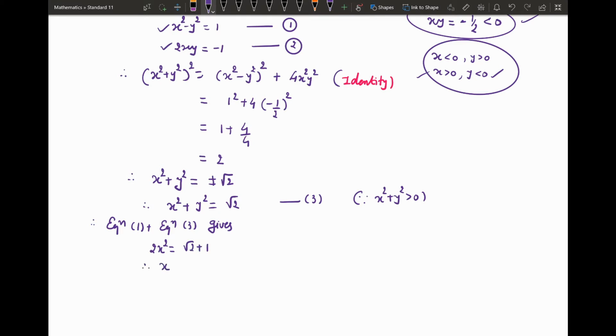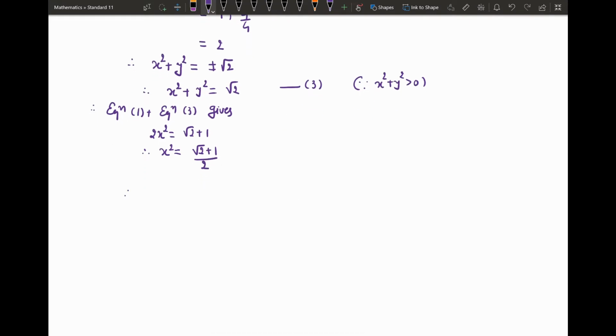Therefore x square equals (root 2 plus 1) upon 2, and therefore x equals plus minus under root (root 2 plus 1) upon 2. So these are the values for x.